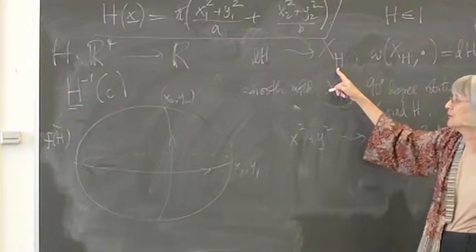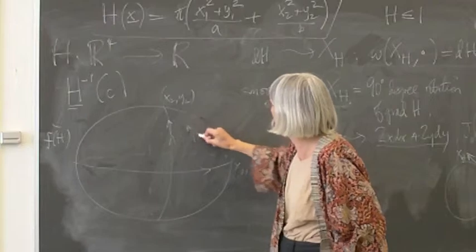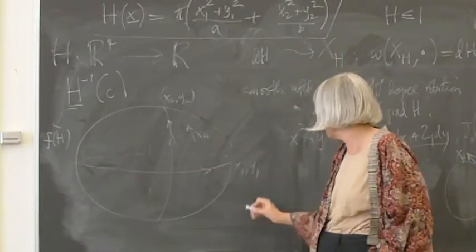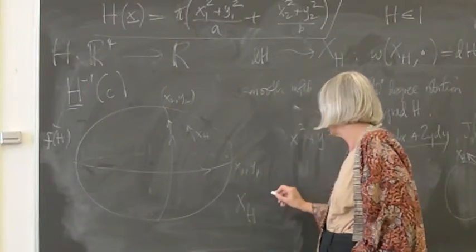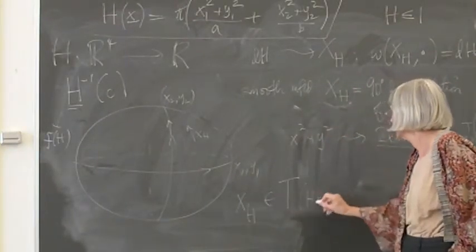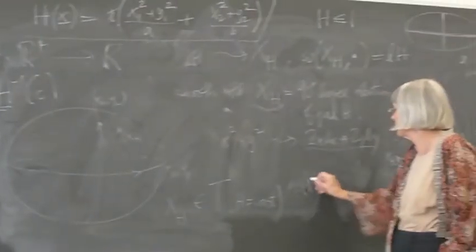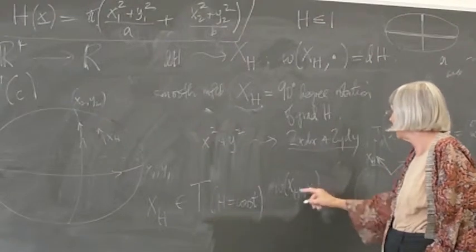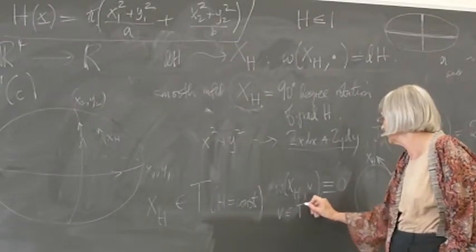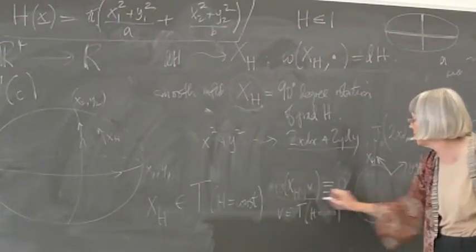So, in fact, the direction of this vector field on here, the X_h, can be described as its unique null direction. It has the property that X_h is tangent to this level set. And it's the unique direction such that if you put in X_h and you put in any other tangent vector b, where b is tangent to this level set, this always vanishes.